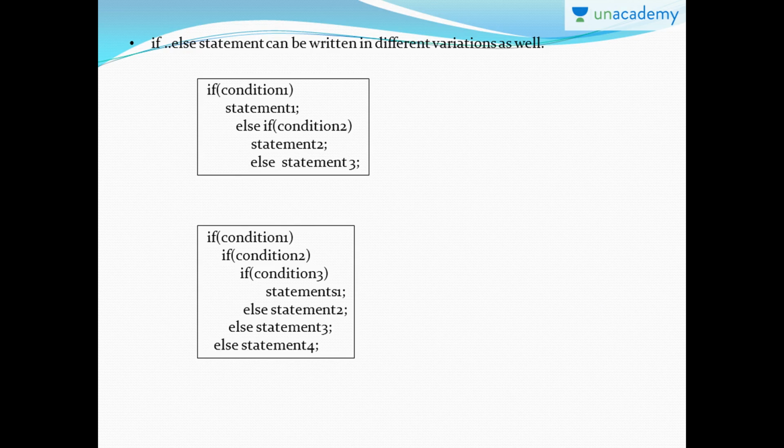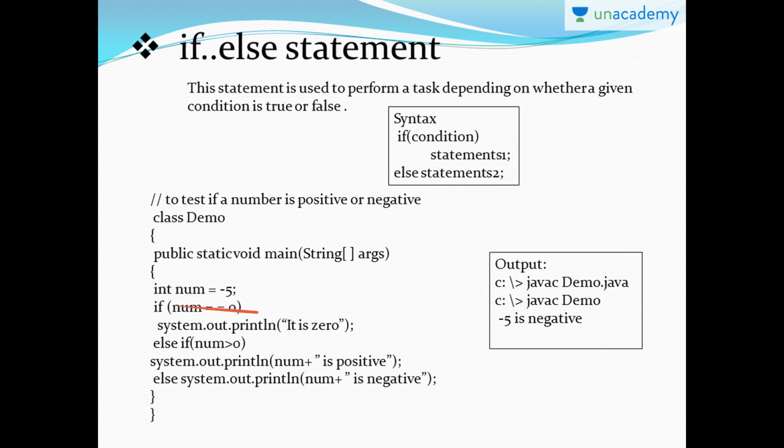All right. This if-else statement can be written in other different forms. For now: if condition, statement; else if condition 2, statement; else, statement, as we discussed here. If this is the condition, this is the statement, else again condition, again statement. If that is also not true, come to this statement.